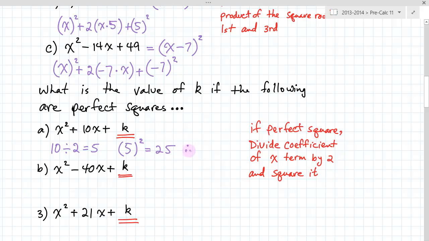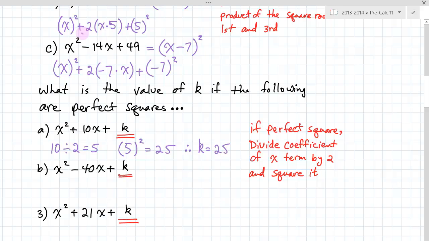And I'm going to assume that k is equal to 25. So, if it is a perfect square, divide the coefficient of the x term by 2 and square it. Right? Because that middle term, the x term, is twice the product of the first term and the last term.